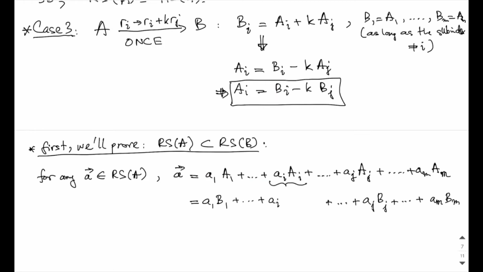As explained here, we can rewrite and get Ai being expressed as Bi minus k Bj, plus ai Bi. We distribute it. We'll keep this one here, but we are going to combine this one with this one because they have the same vectors Bj here. And plus dot dot dot plus negative ai times k plus aj.